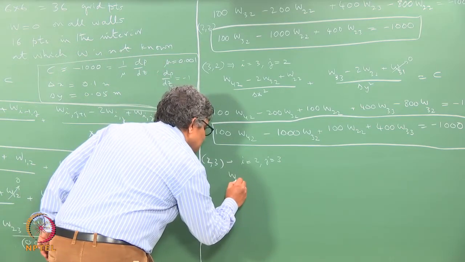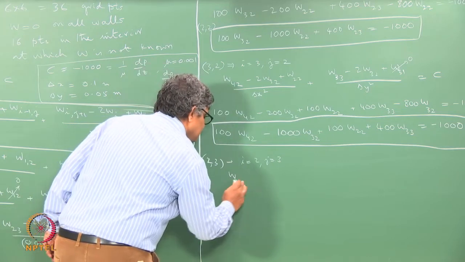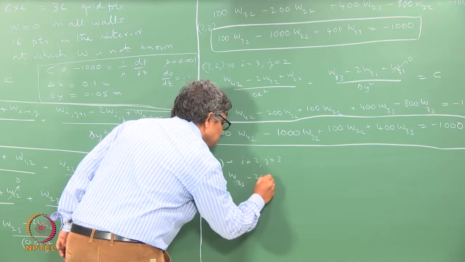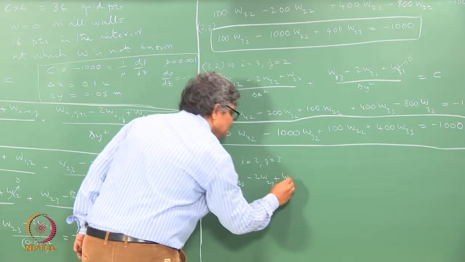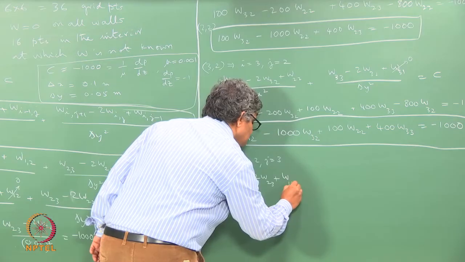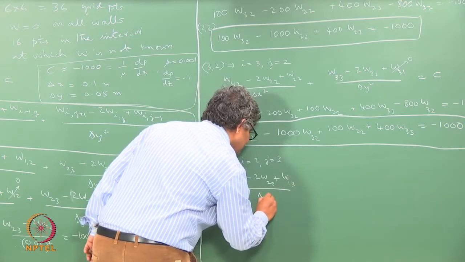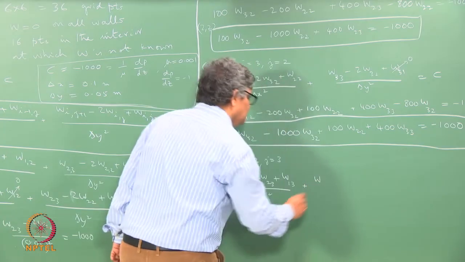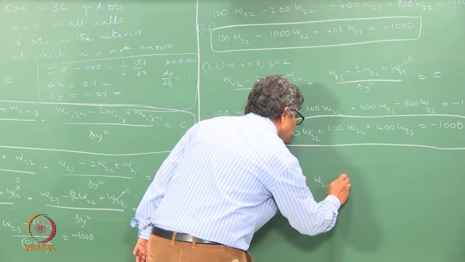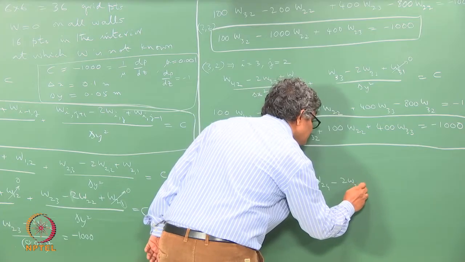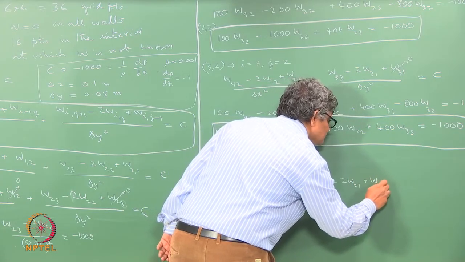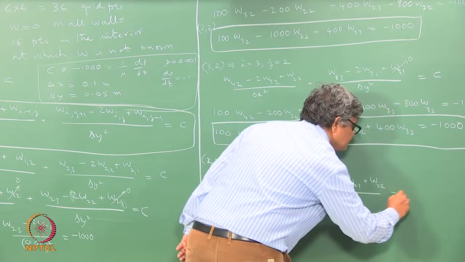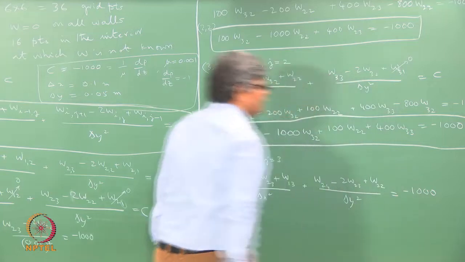So, (W33 minus 2W23 plus W13) by delta x square plus (W24 minus 2W23 plus W22) divided by delta y square equal to minus 1000.